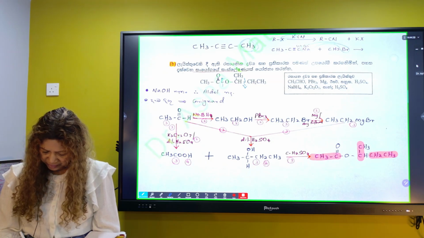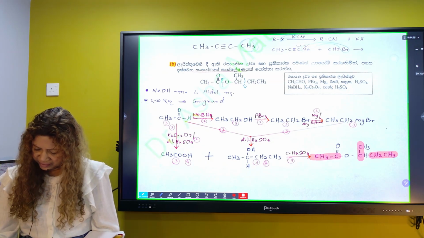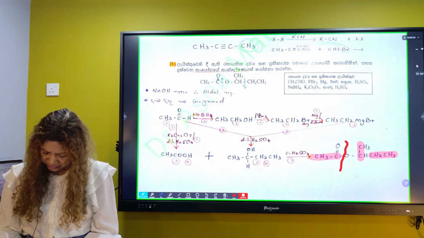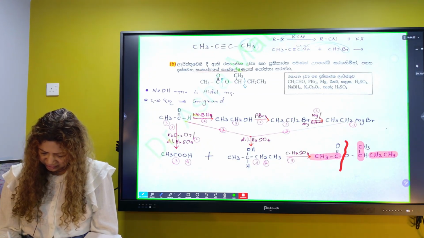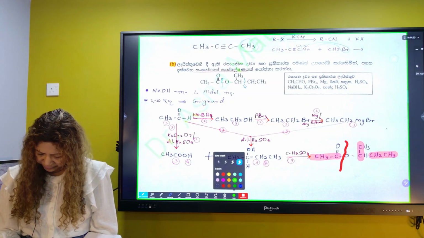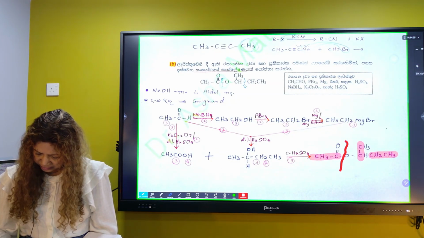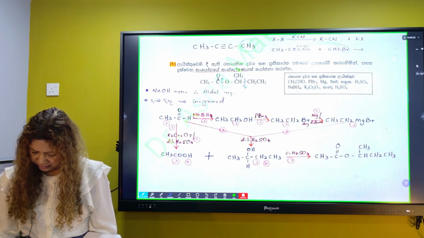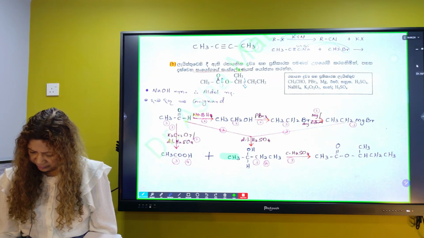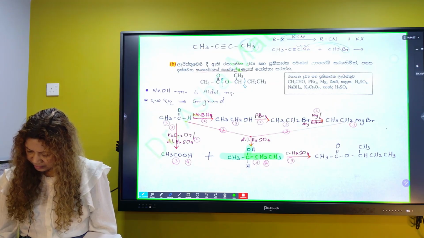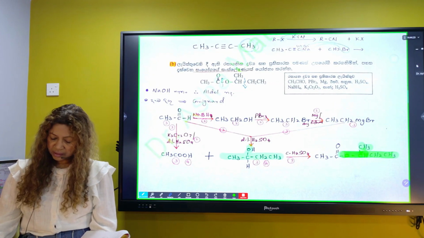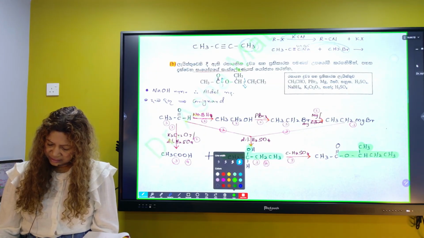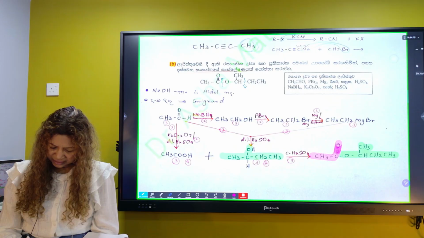Okay, so the last step is esterification, so we're going to start one side from this alcohol part, and the other side is supposed to come from this carboxylic acid part.